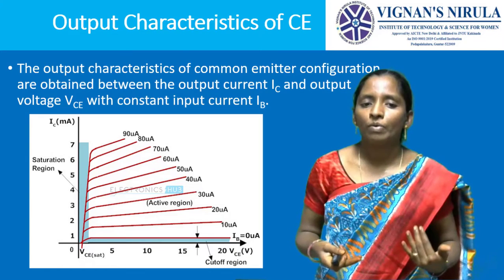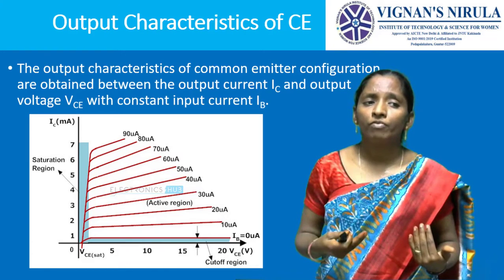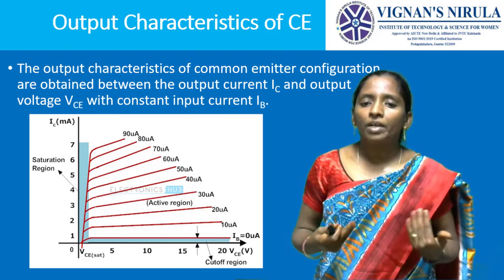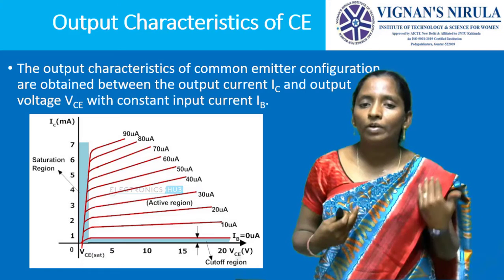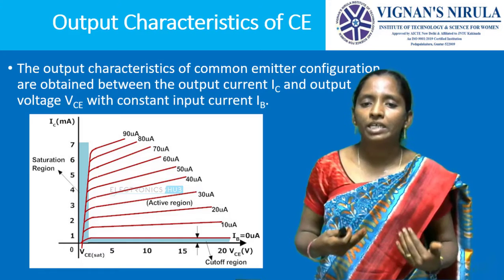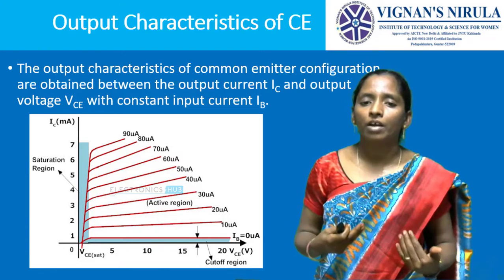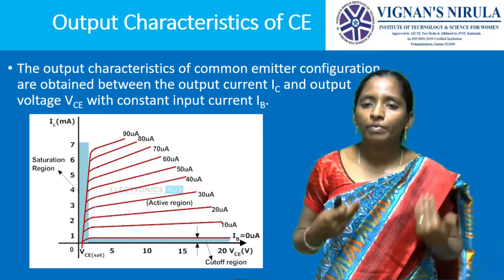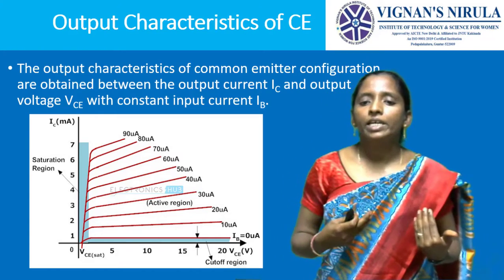But in common collector configuration, or emitter follower configuration, the voltage gain is low. It is less than unity because there is no amplification in the common collector configuration. So in common collector configuration, the voltage gain is less than 1. In common emitter configuration, the voltage gain is high.